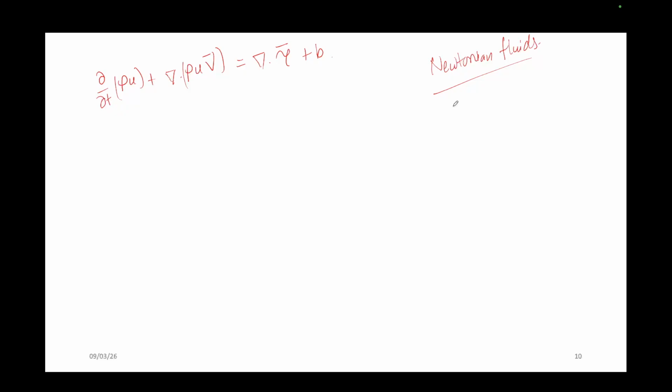So basically, in this equation, it was your velocity gradient, right? And in the Newtonian fluid, the stress tensor tau is symmetric. What is symmetry?